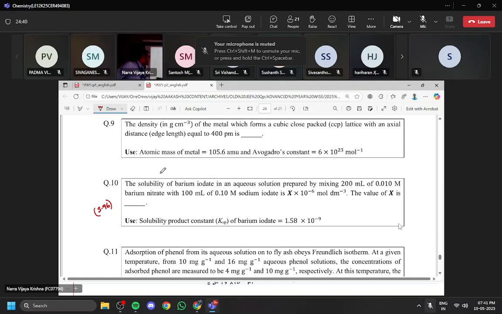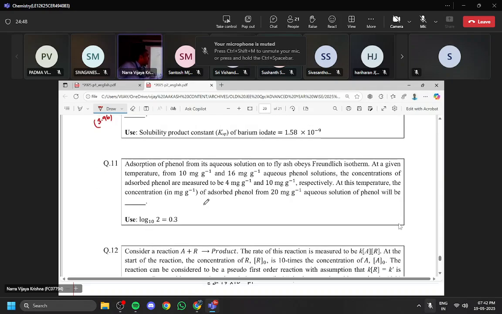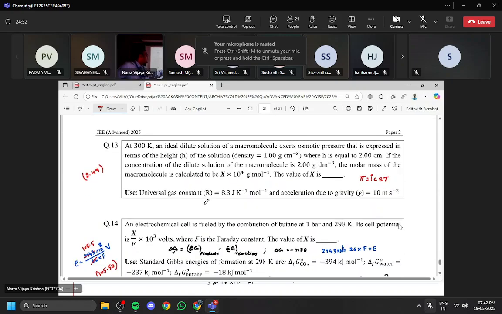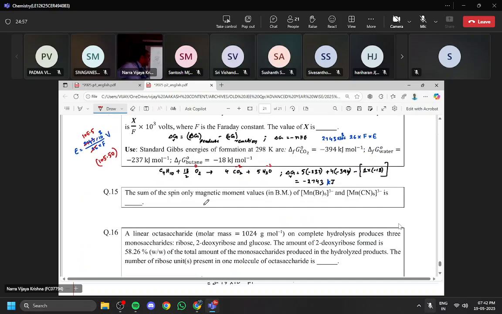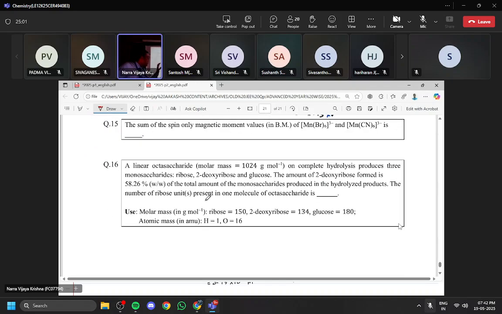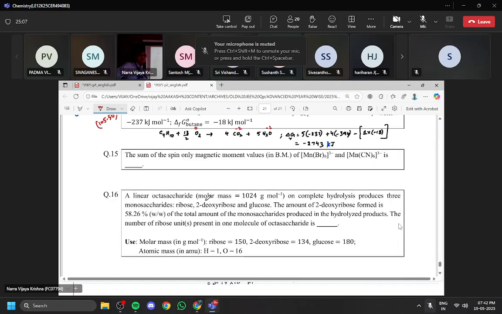Solid state. This one. Ksp, ionic equilibrium. This is based upon surface chemistry, chemical kinetics and nuclear chemistry. Solutions and colligative properties, electrochemistry, coordination compounds, class 12th only. This is biomolecules, class 12th only. Over. Right?